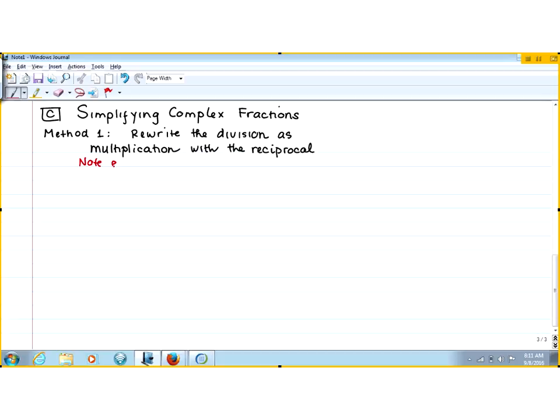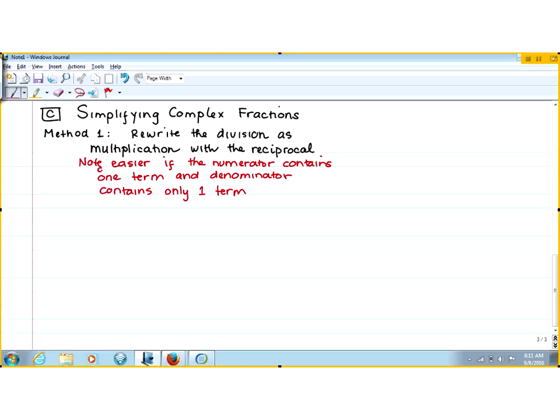So I'm going to put a big note here. Note, this is easier if the numerator contains only one term and the denominator contains only one term.